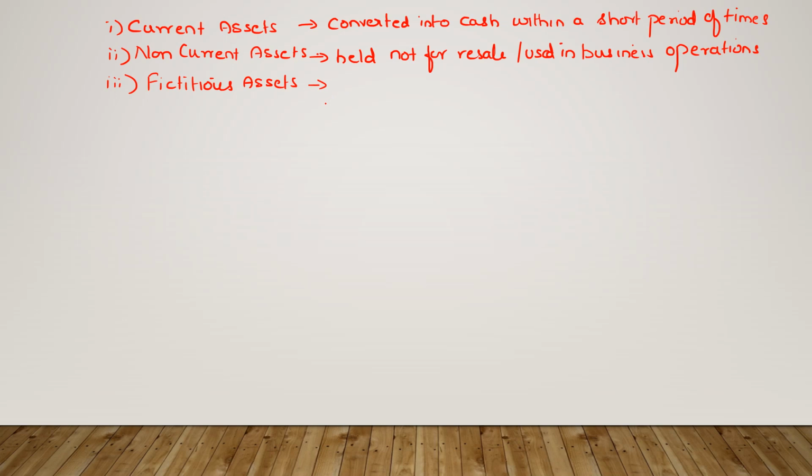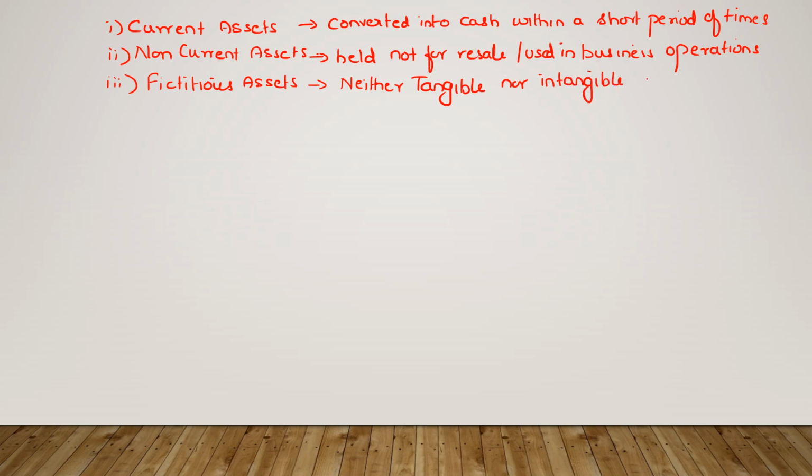And last type of asset is the fictitious assets. Fictitious assets are actually not real assets. They are those which are neither tangible nor intangible assets. So you can say they are neither tangible assets nor intangible assets.